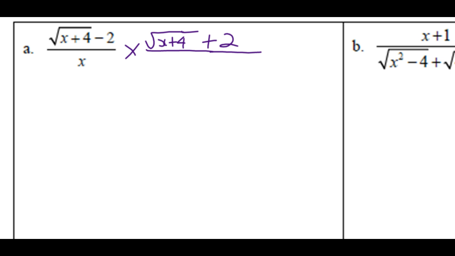But you can't just multiply by it, so what goes on the bottom? Same thing, right? So we're going to end up with a rationalized numerator and an irrational denominator. So we get root x plus 4 times root x plus 4, which is just x plus 4.